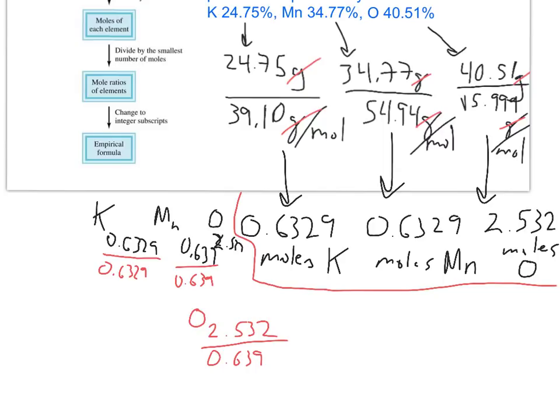And that's a way of making all of these whole numbers. Remember, when you read a chemical formula, whether it's chemical or empirical, we'll do the calculation first. And if you do that math, you see that the formula is going to be KMnO4.